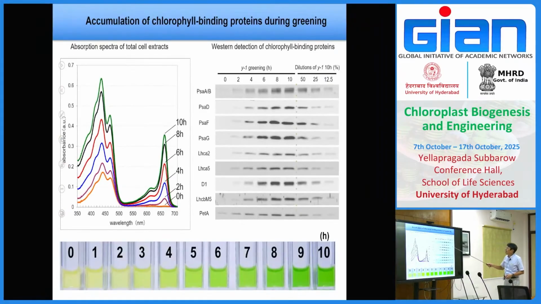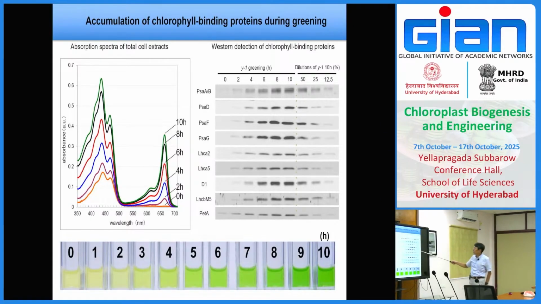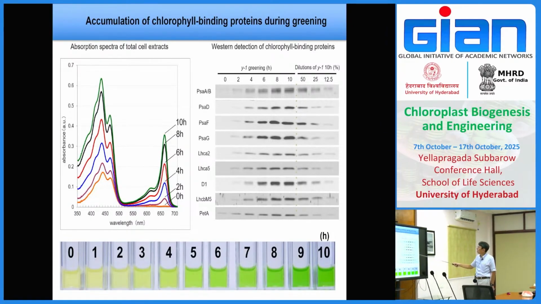And for chlorophyll-binding proteins like photosystem 1 and photosystem 2 and LHC, in yellow cells you don't see these chlorophyll-binding proteins. But during the greening process, PS1 accumulates, PsaA, these are all PS1. LHC1, PS2, LHC2 accumulate.